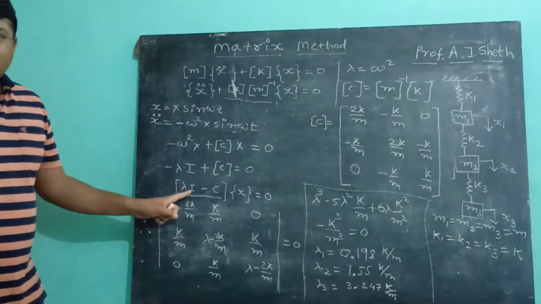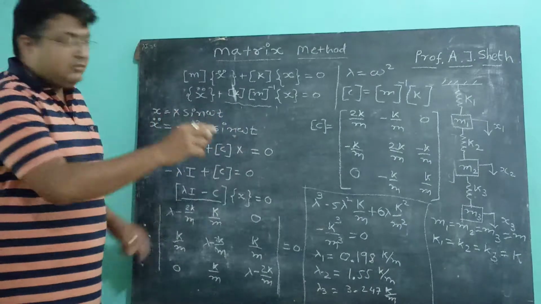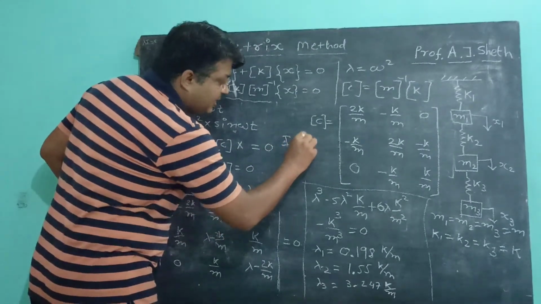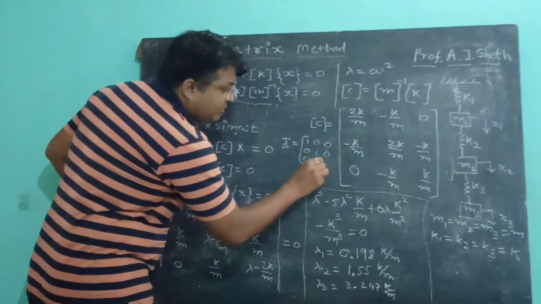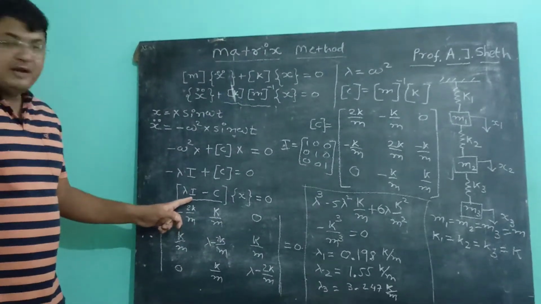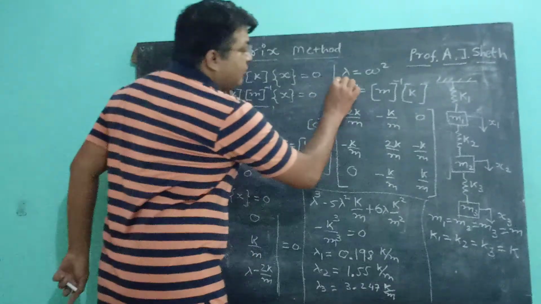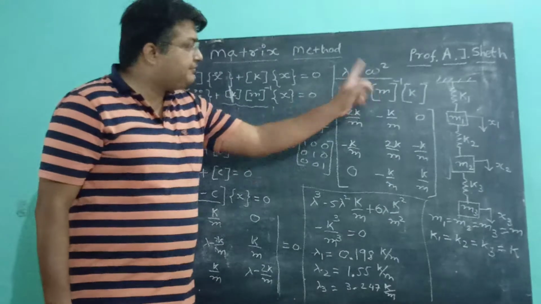Now we are going to find out this value, lambda I. I is a unit matrix, 1 0 0, 0 1 0, 0 0 1. So lambda is multiplied by I. Lambda is an assumption which I have taken, that is omega square, natural frequency square.